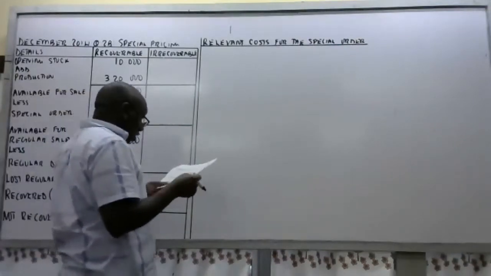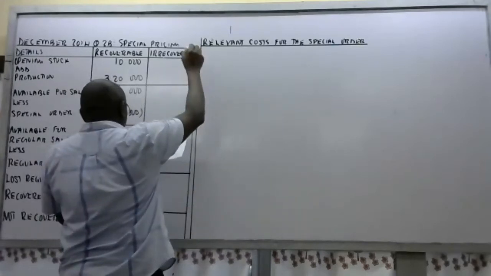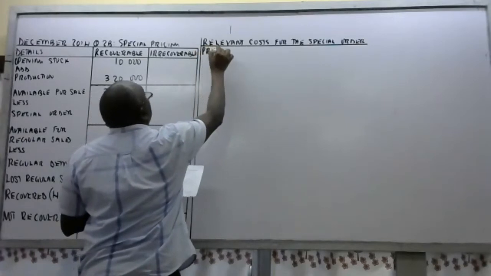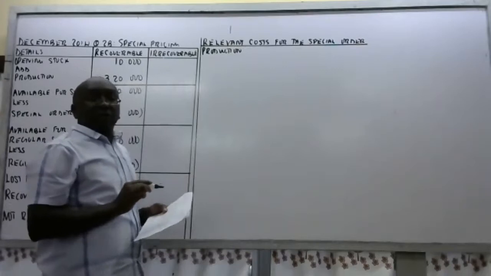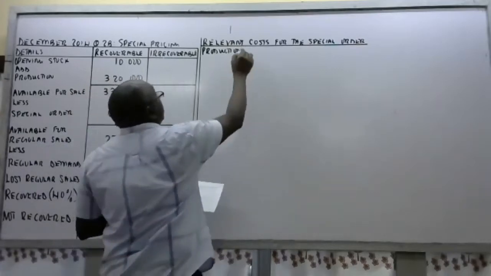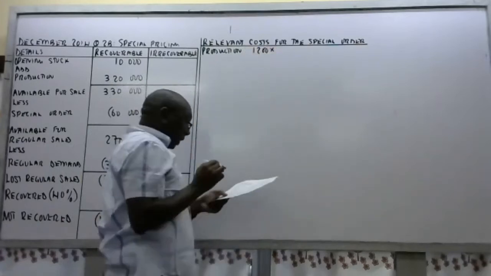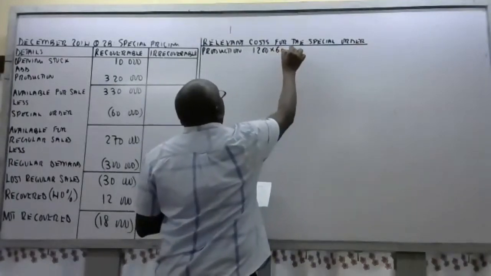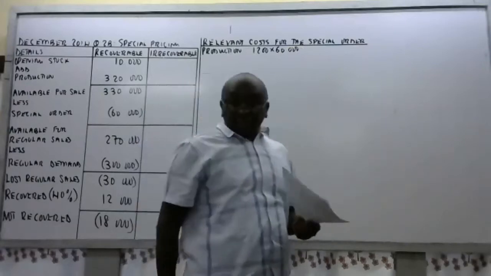So the relevant cost for the special order, it is first of all production. Production, as you can see in the question paper, is 1,200. So multiply by the special order, which is for 60,000 units, and give me the figure.